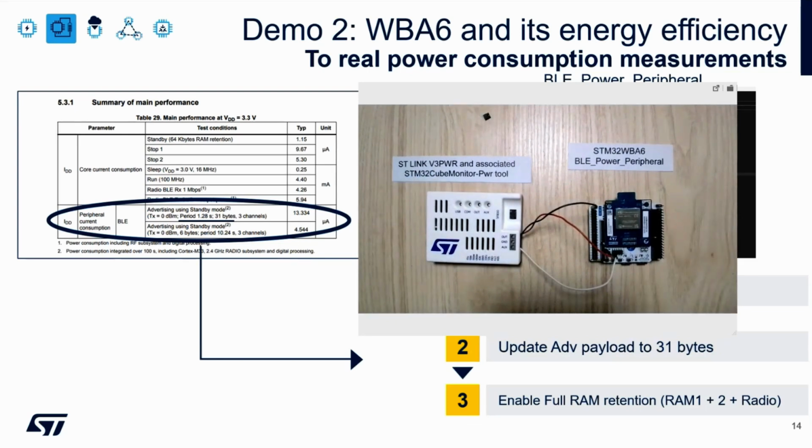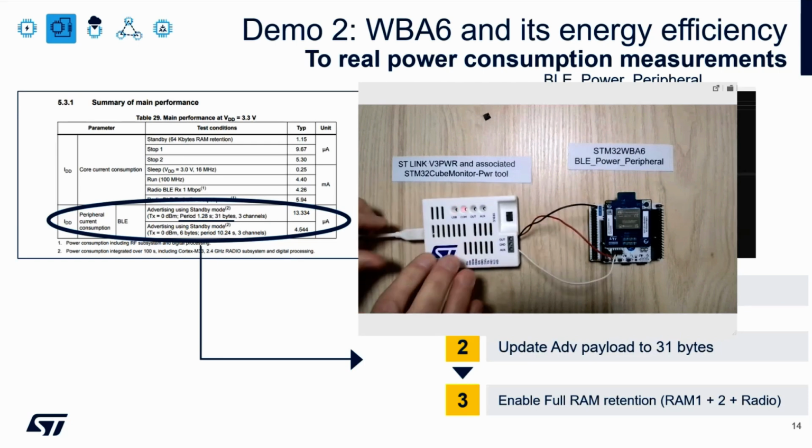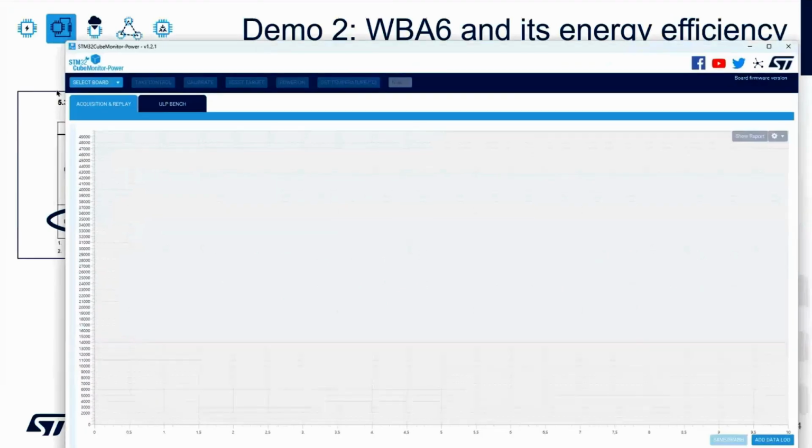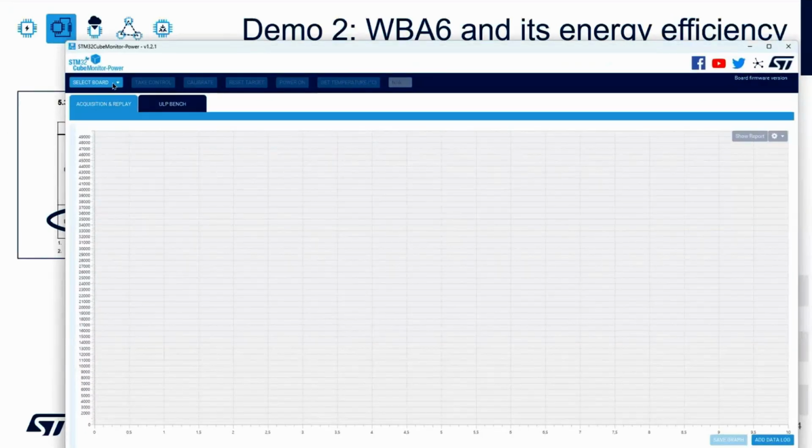Of course, now I have to plug in my STMicroelectronics power, and open the STM32 power monitor tool, which is a very efficient tool. So let me open it. Right, here we are. I will have to select the right COM port.